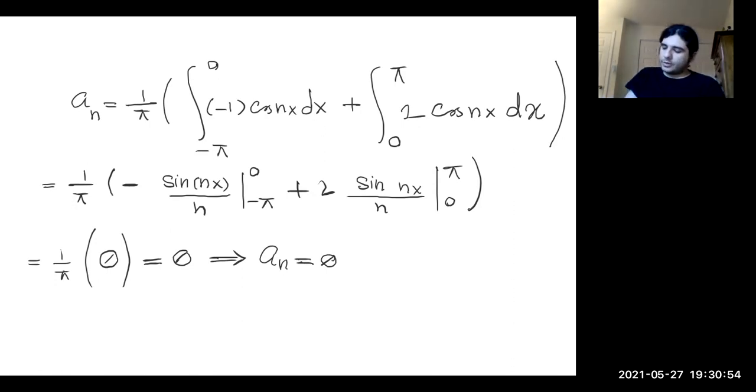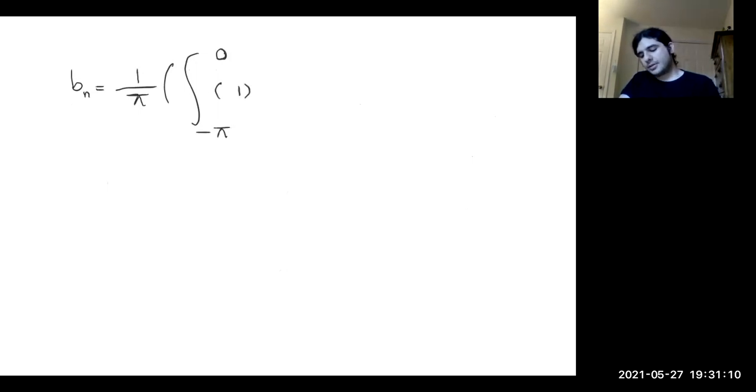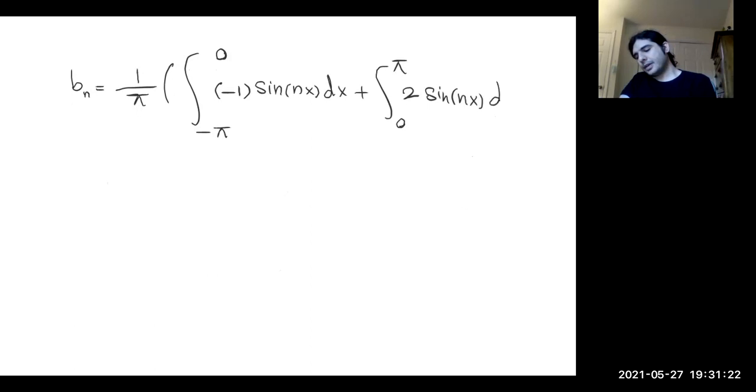Now we should compute bn, and bn is equal to 1 over pi, again integral from minus pi to 0, f of x, which is minus 1, times sine of nx dx. And then integral from 0 to pi, 2 times sine of nx dx.